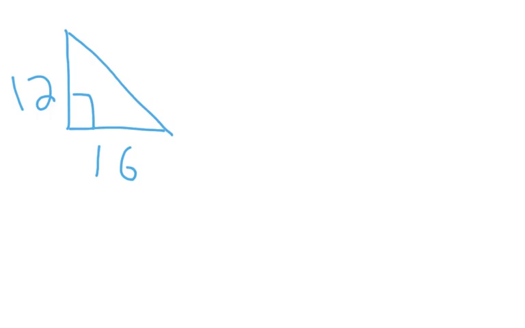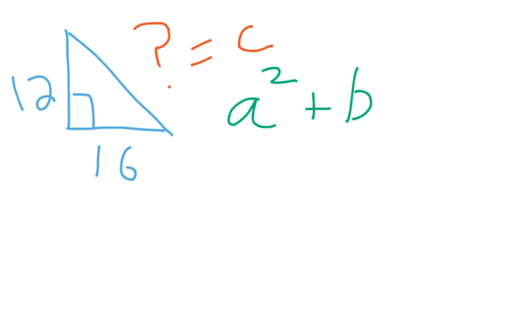And I have no idea what this side over here, or what the hypotenuse, or side C is. I have no idea. And so I have to figure out what it is. And in math, the way that we figure out what this side is is through that Pythagorean theorem, that a squared plus b squared equals c squared.